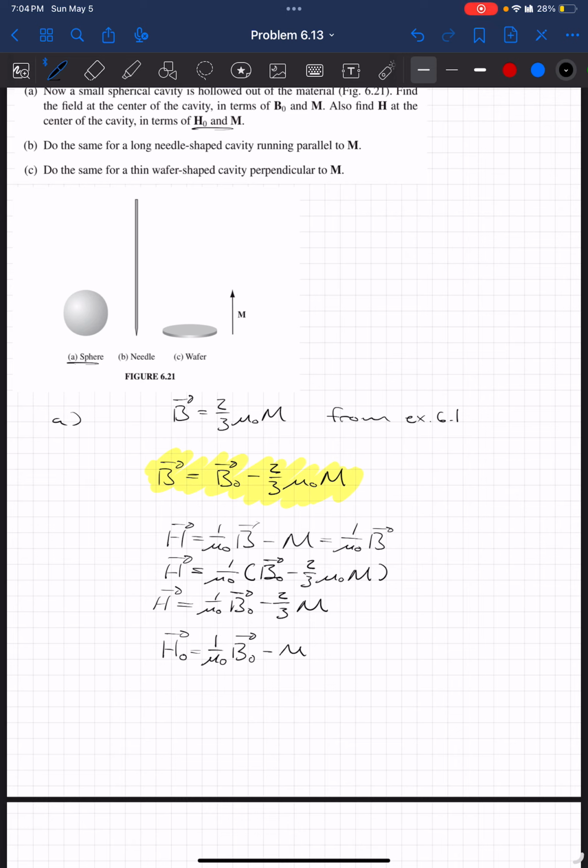Rearranging this formula for B naught's value, we find that B naught is equal to mu naught multiplied by H naught plus M. That's just simple moving terms to the left and multiplying both sides by mu naught.